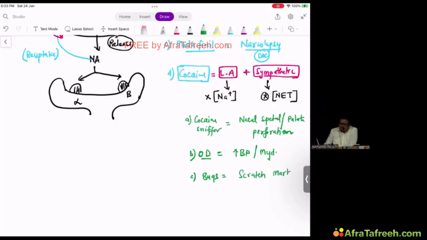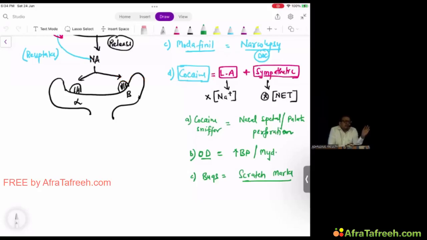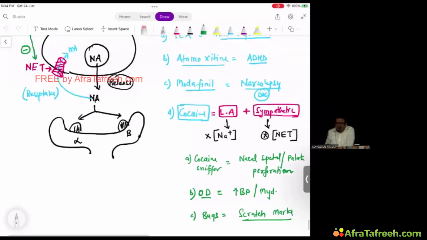So in a patient with a history of addiction, if you are given three things, hypertension, dilation of pupil along with scratch marks, this is a classical case of cocaine addiction. Okay, so these are points which are asked in cocaine.